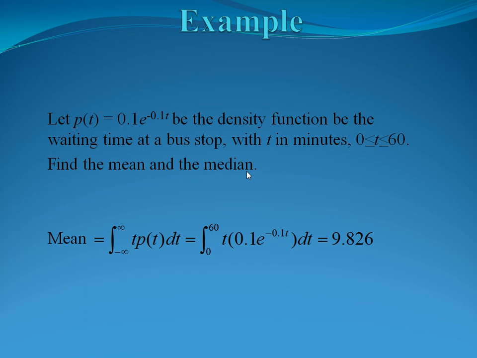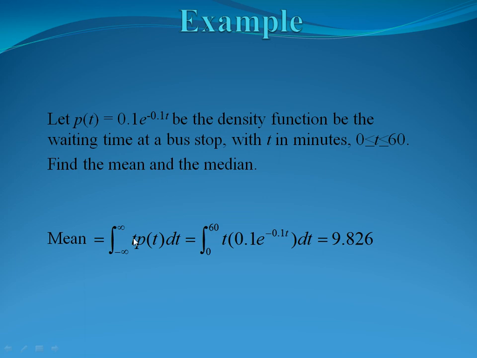Okay, let's do both now so we can again see the difference between the two. Let p of t equal 0.1 e to the negative 0.1t be the density function of waiting time at a bus stop, with t in minutes, where t is between 0 and 60 minutes. We want to find the mean and the median. Well, we just did the mean, so let's do it again.